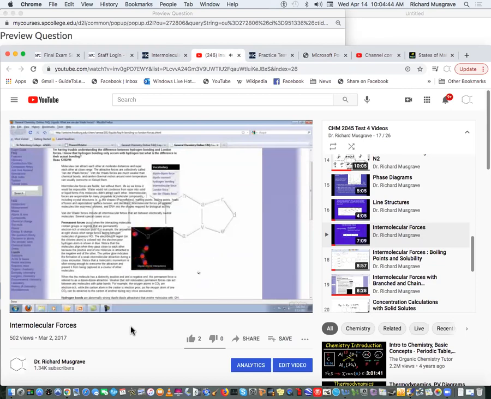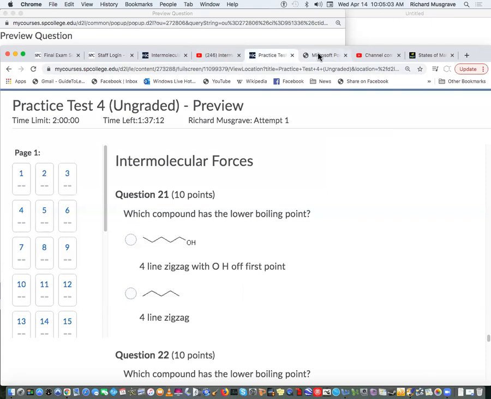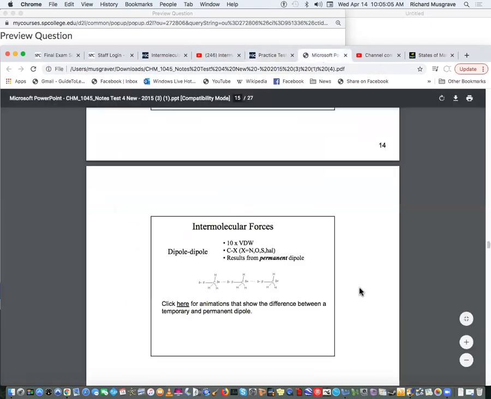Because these dipoles are permanent, you can see how they might be inclined to line up from positive to negative and engage in activities that will keep these molecules pretty much stuck together, more stuck together than they would be with van der Waals forces. Does anybody have any questions so far? Okay.